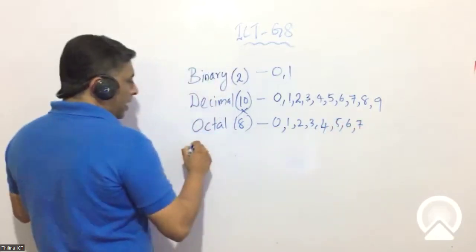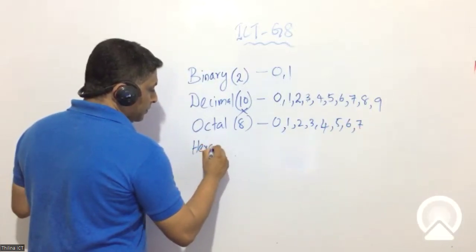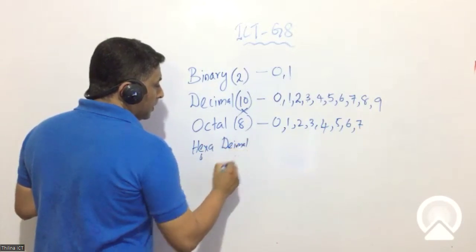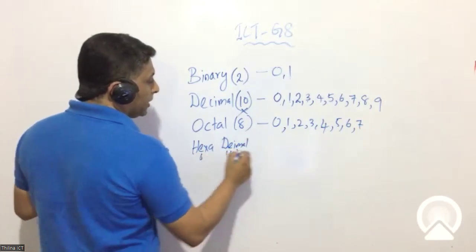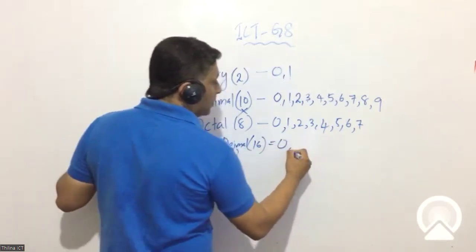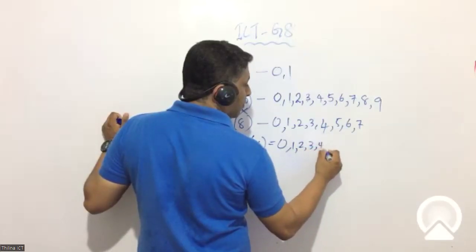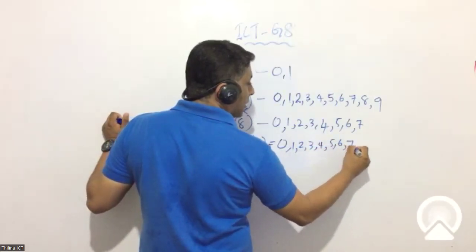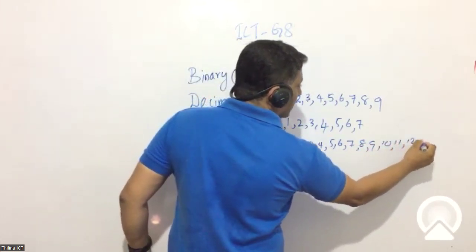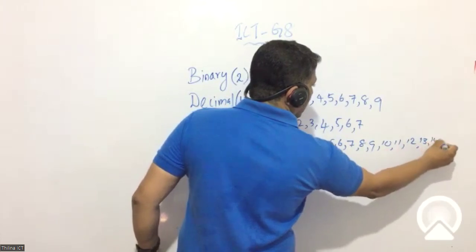And hexadecimal. Hexa means 6, decimal is 10, so it goes up to 16. 0 to 9, A to F. 0, 1, 2, 3, 4, 5, 6, 7, 8, 9, 10, 11, 12, 13, 14, and 15.